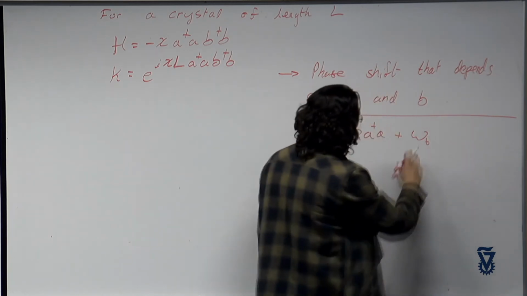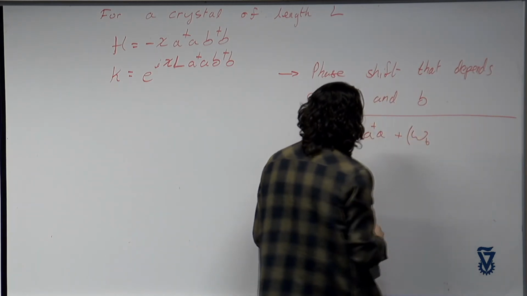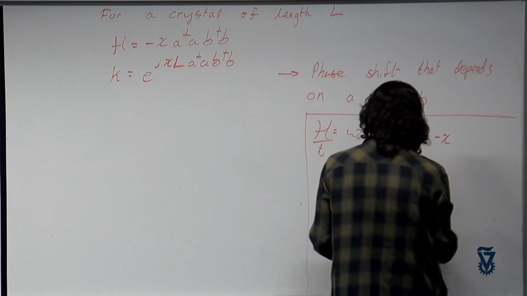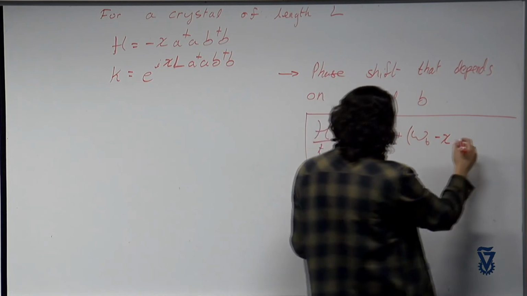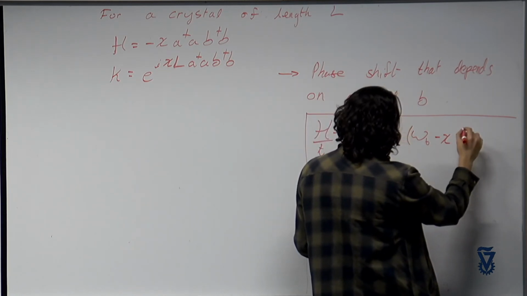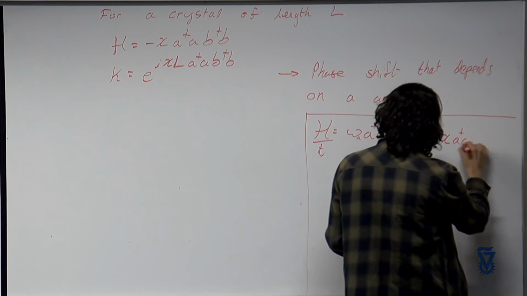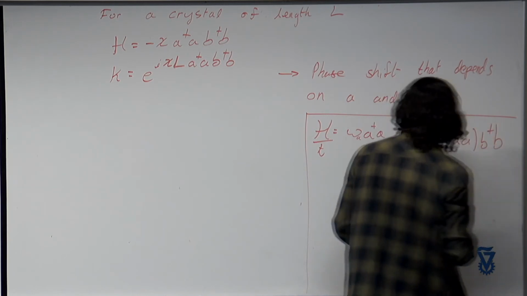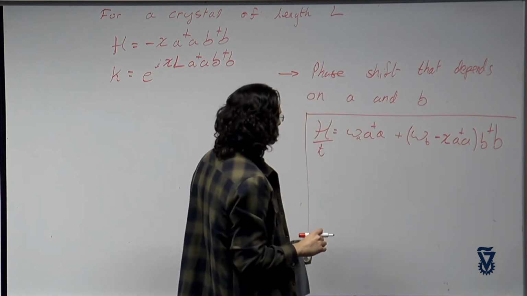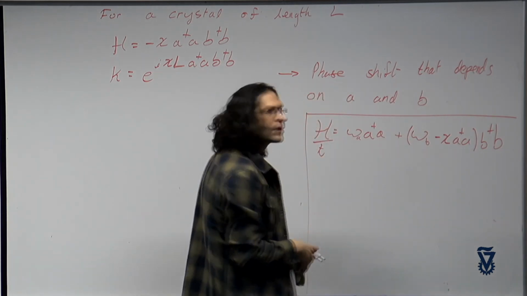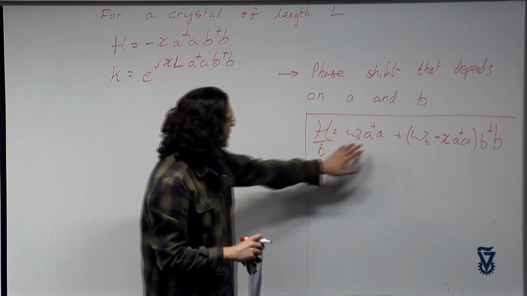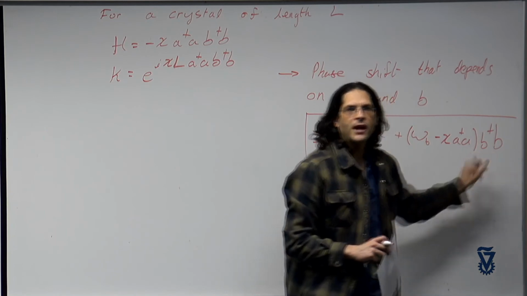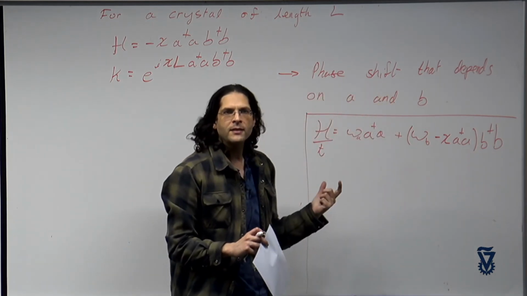Instead of omega b, I'm going to write omega b minus chi, a dagger a, b dagger b. Okay, so we have harmonic oscillator 1, harmonic oscillator 2, and the interaction Hamiltonian. I've just written them in a slightly different way.